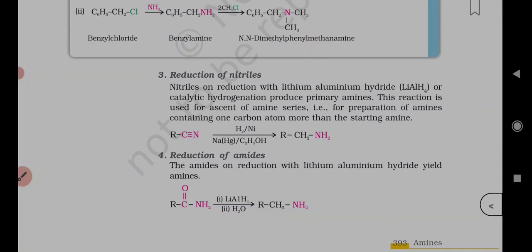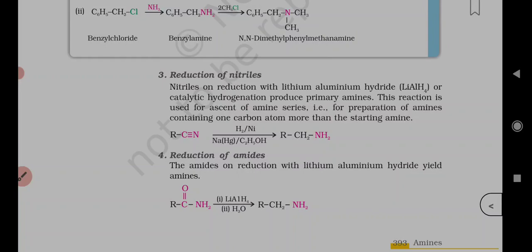And you can also treat C6H5CH2Cl, that is called benzyl chloride, chlorophenyl methane, with ethanolic NaCN.